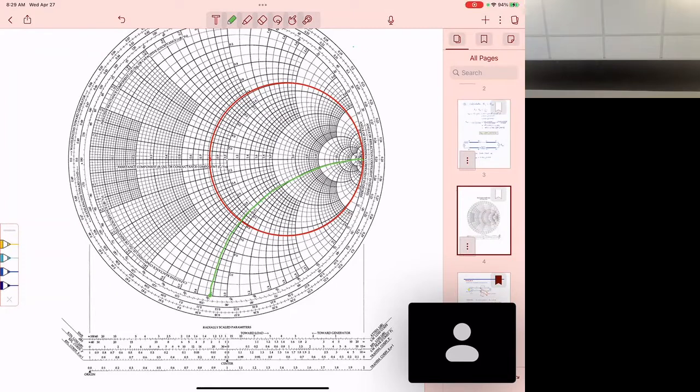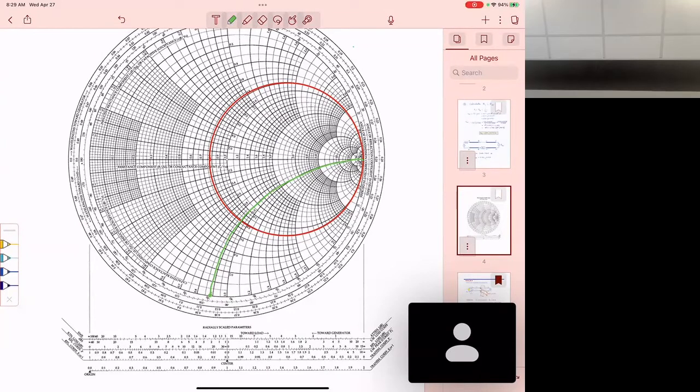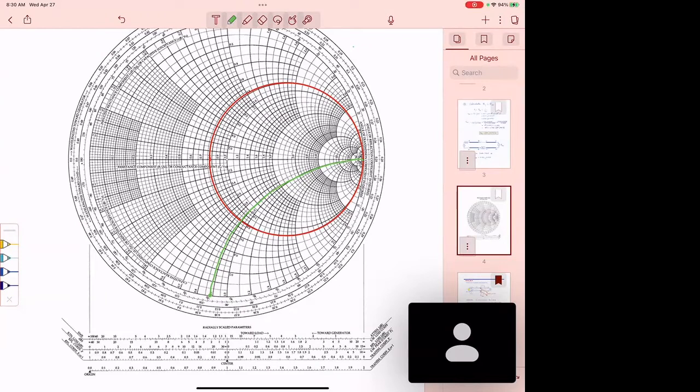You could do the whole circle if you want, but you have to go really far out, because it would be tangential to this line and centered on this axis, so it's a huge thing. So we only draw part of it.